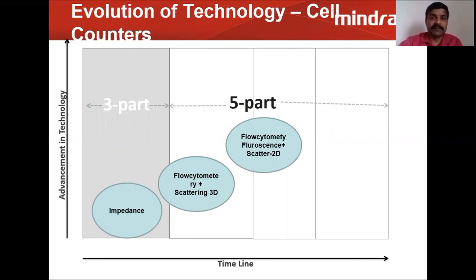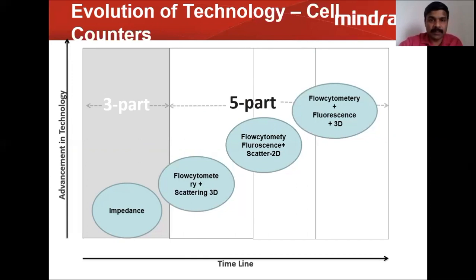After that, flow cytometry along with some fluorescent reagents was added, but the analysis was done in a 2-dimensional manner. And now we have flow cytometry, fluorescence, and 3-dimensional analysis, which is the advanced measurement technology for WBC, RBC, as well as platelet.